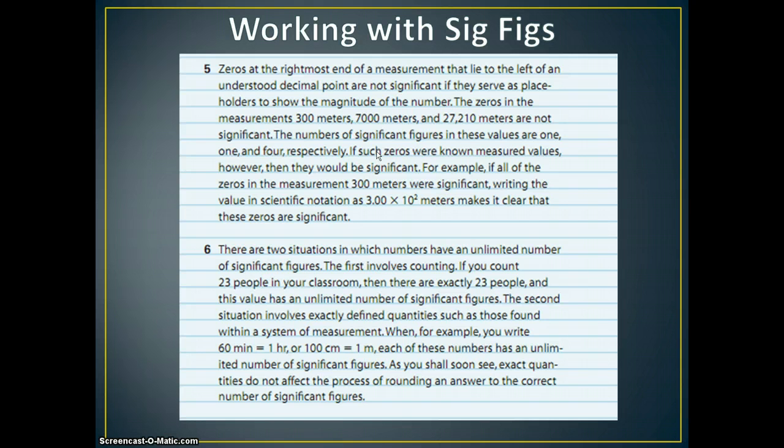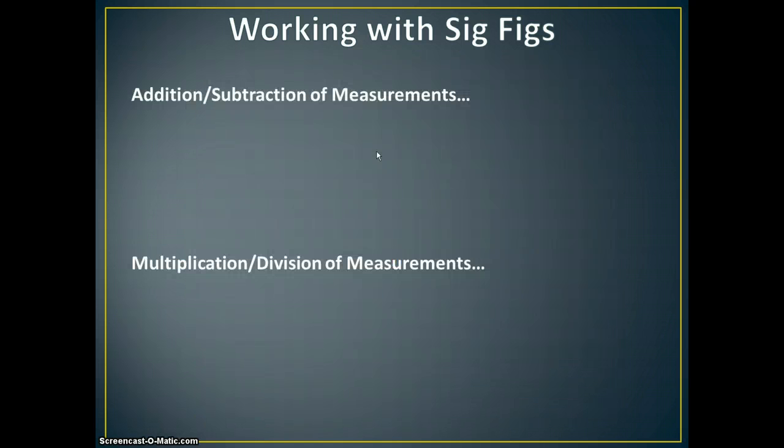I'm not going to take half of a can, so that's an infinite number. And the last one of those is definitions. When I say there are 60 minutes in an hour, for example, there are exactly 60 minutes in an hour, so that has unlimited zeros after the decimal, and so it has infinite significant figures and will not impact any counting of them.